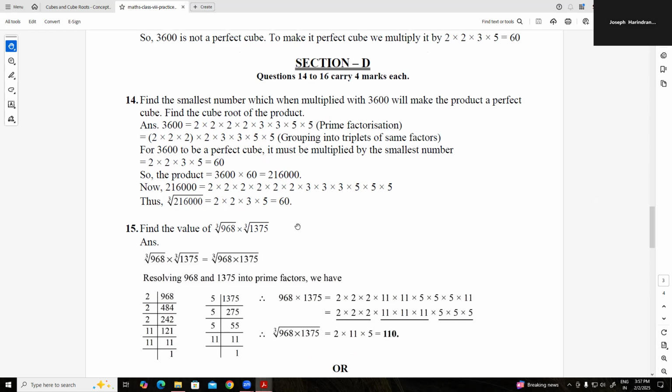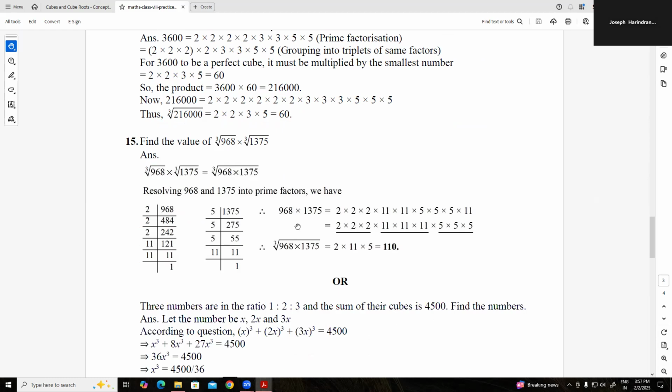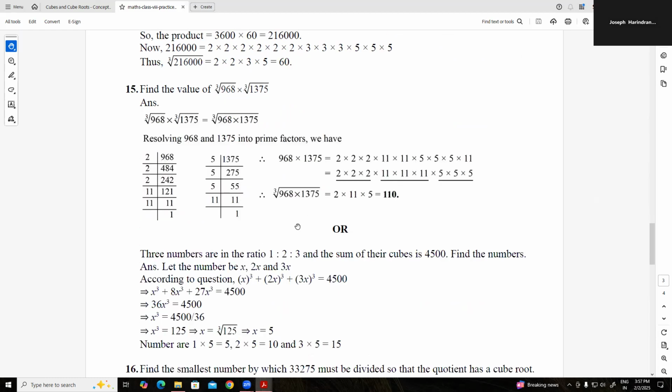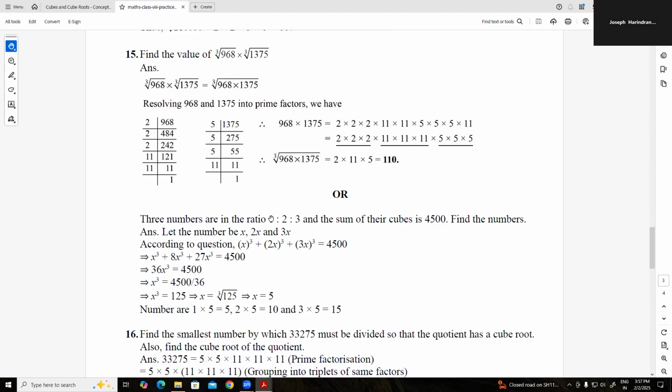Now coming to the 15th question, it's a choice question. Internal choice is given. This is merely a prime factorization. You have to resolve into prime factors. You can go through this solution. This question paper has been sent to the students and it's available also. You can pause this video and see how you can solve this problem.